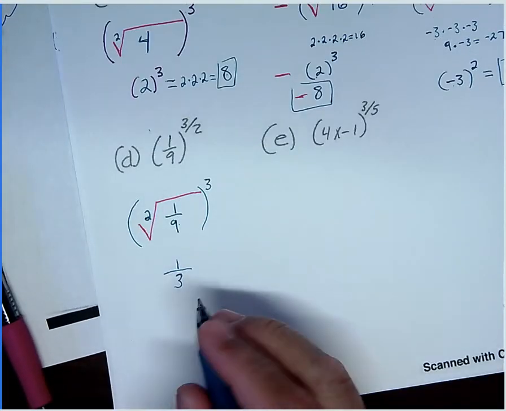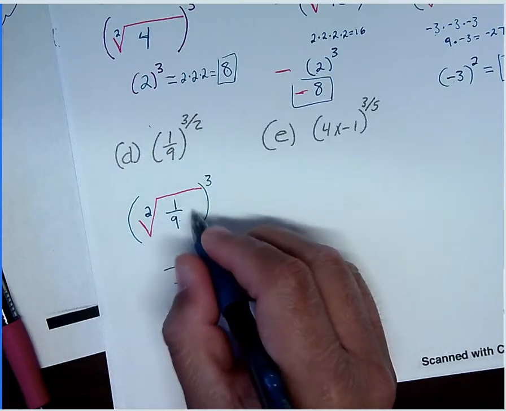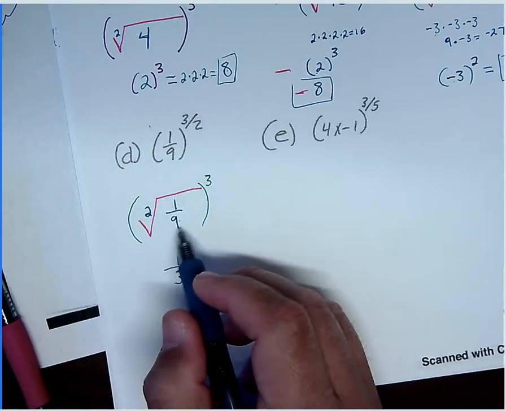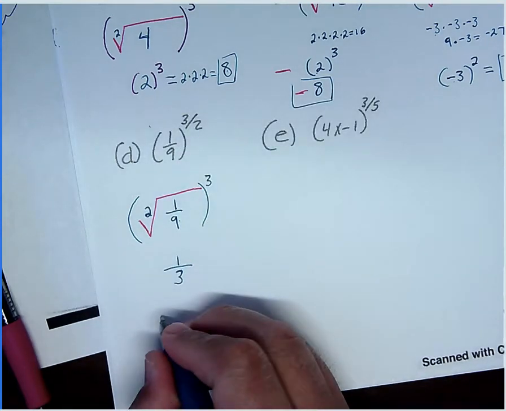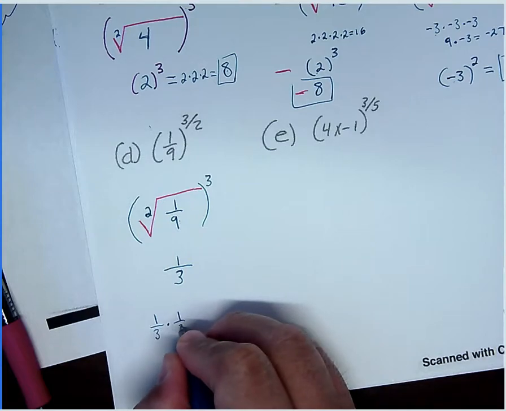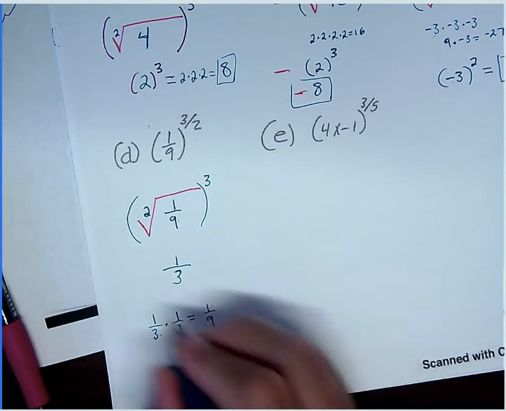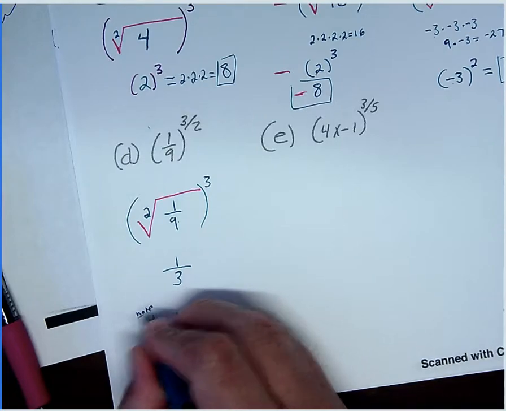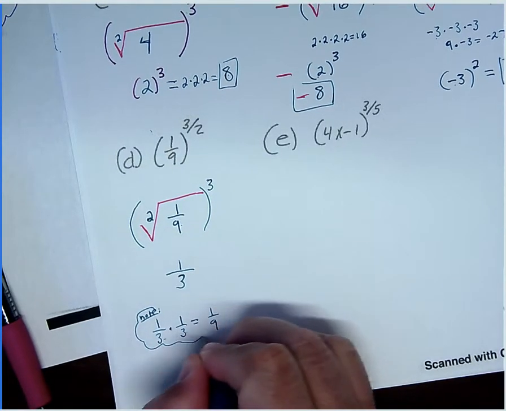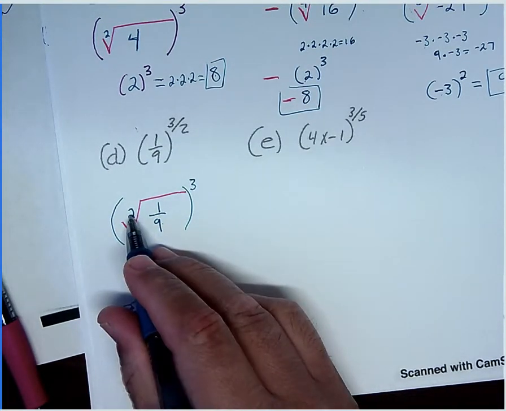And if you don't believe me, so we're trying to find a rational number that you multiply twice that would give you that 1/9. I did it individually, but you can think of it like this: 1/3 times 1/3. 1 times 1 gives you 1. 3 times 3 gives you 9. This is just a note. That's why we got 1/3. So 1/3 would be the square root of 1/9.